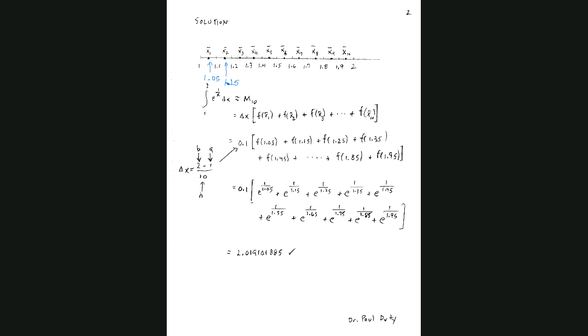And in the problem, n sub 10 means you're going to have 10 subintervals.